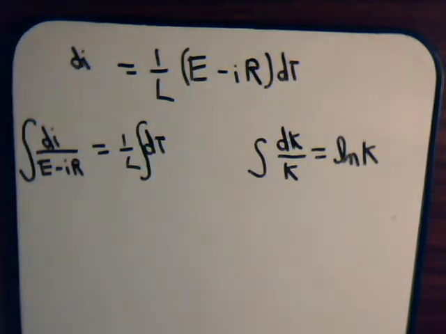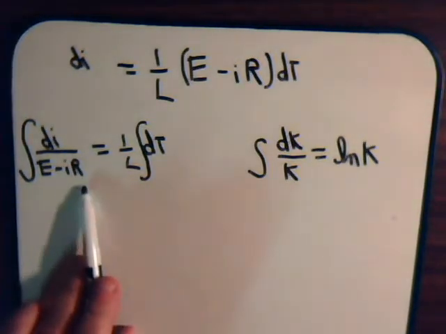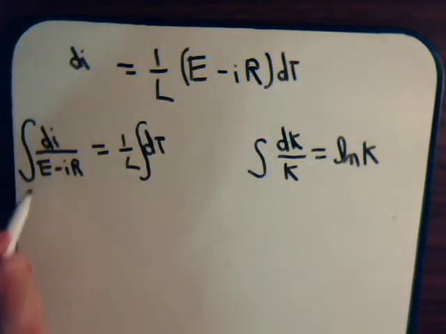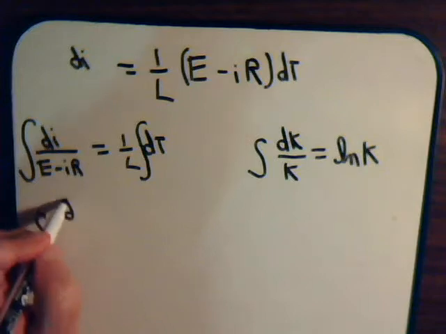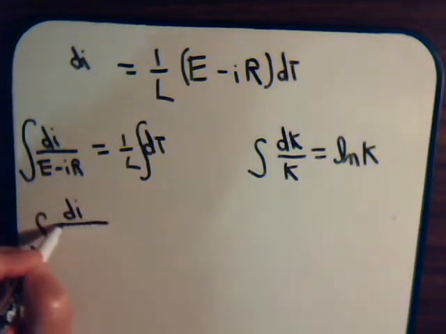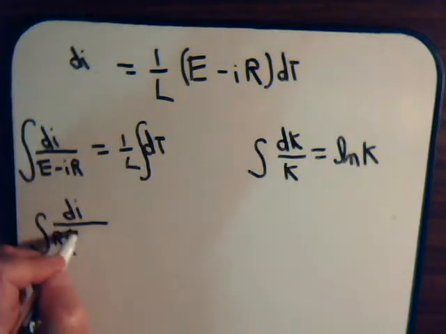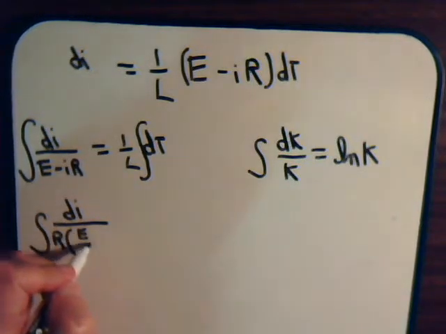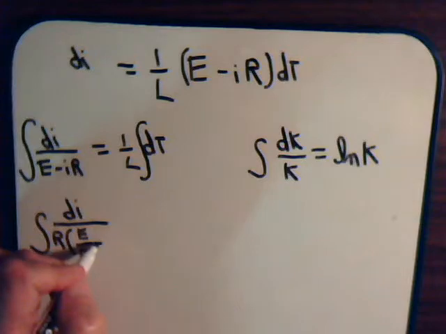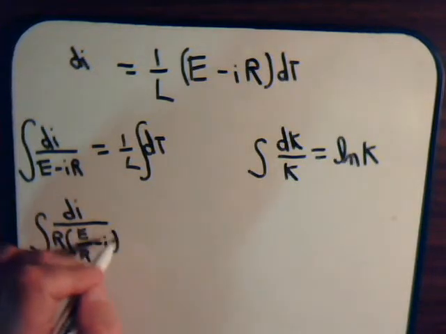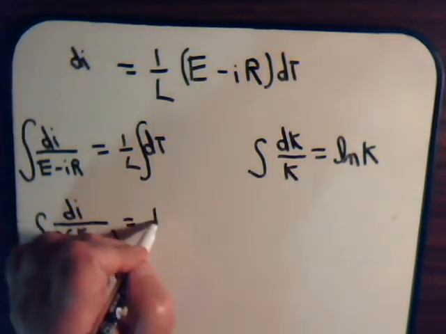And I think the first thing, let's just factor this R out of here. So for here, this is going to be the integral of di. Factor out the R, so we have R times E over R minus I. And that still equals this side.